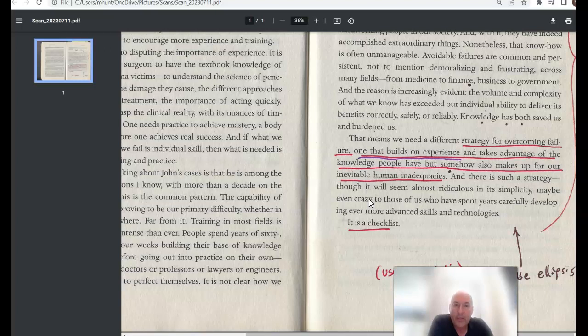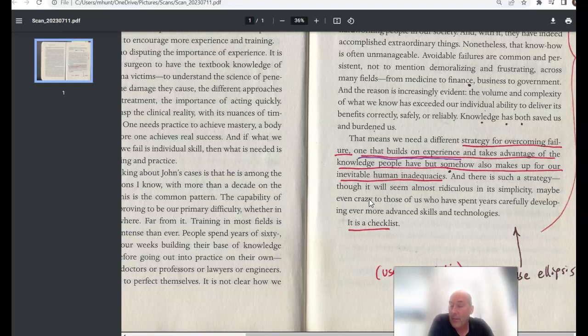So, nevertheless, I would still say this book is organized in that introduction, body, conclusion pattern. The rest of the book is about the reason we need checklists, and also about teamwork, which again is not here. But then the final chapter is another story, and it's a story of another mistake that happens. But in this case, a good team was working, they followed a checklist, and in fact, the chapter is called The Save.